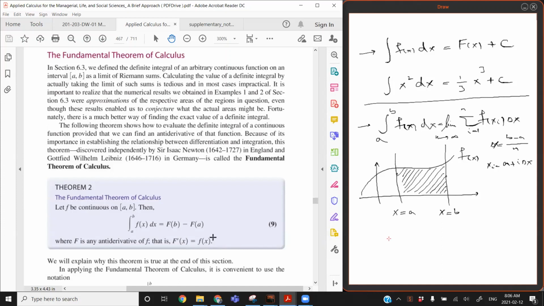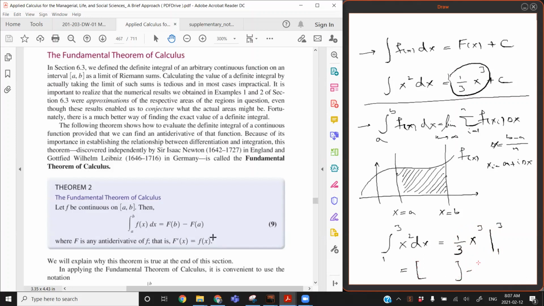So, for example, if I am interested in knowing, let's say, the integral from 1 to 3 of x to the power of 2 dx, I don't need to use the Riemann sum in order to get this area, because I know one antiderivative of x squared. One antiderivative of x squared is 1 over 3 x to the power of 3. So this is going to be 1 over 3 x to the power of 3, from 1 to 3. And this is the notation for the value of this function at 3 minus the value of this function at 1.